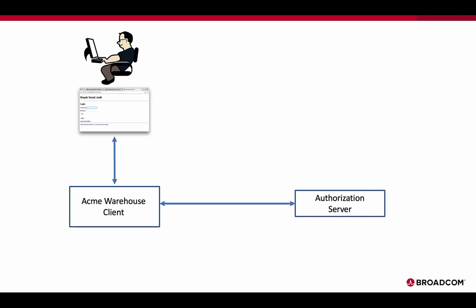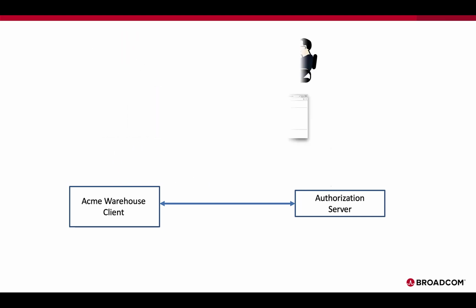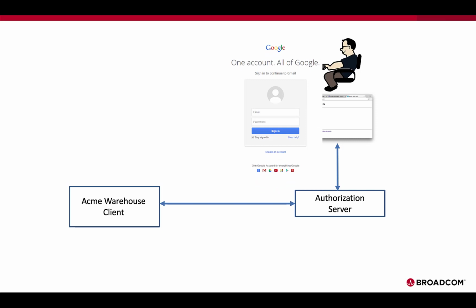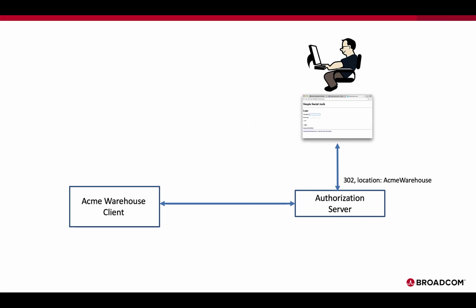When the user clicks on the login button, a 302 redirect sends the browser to the social login location where the authorization server, in this case of Google, presents the authorization page to the end user. The end user will enter the credentials and be authorized and sent a redirect with the authorization code back to the client.